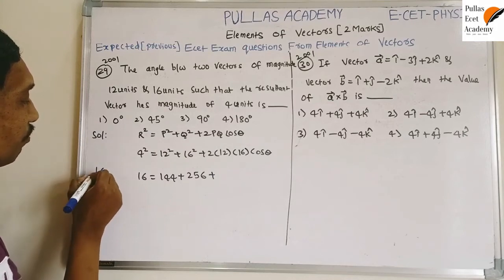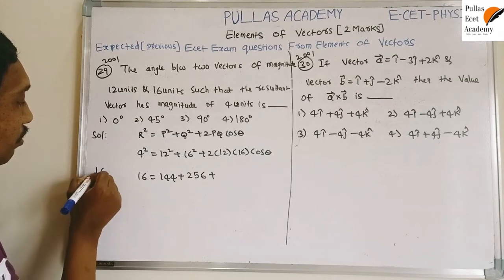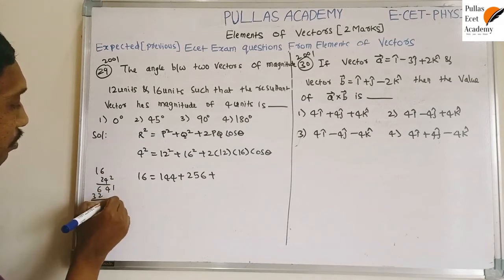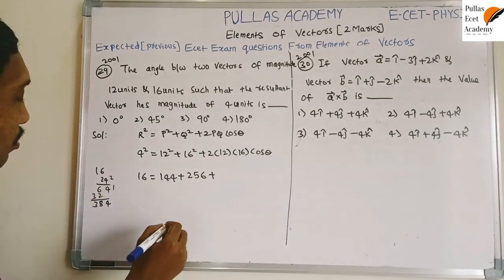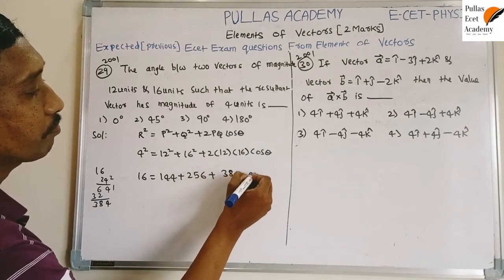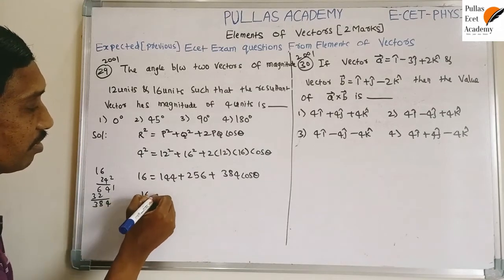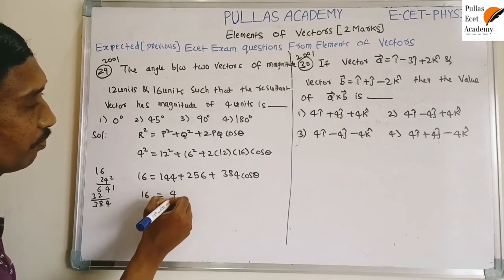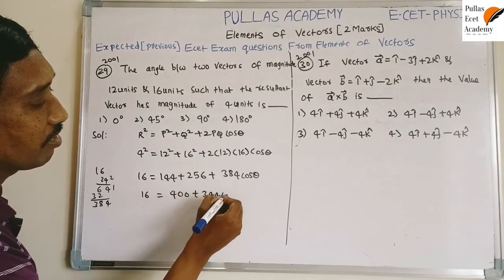This is 384 cos theta. In this way we have to understand. Then 16 is equal to 400 plus 384 cos theta.